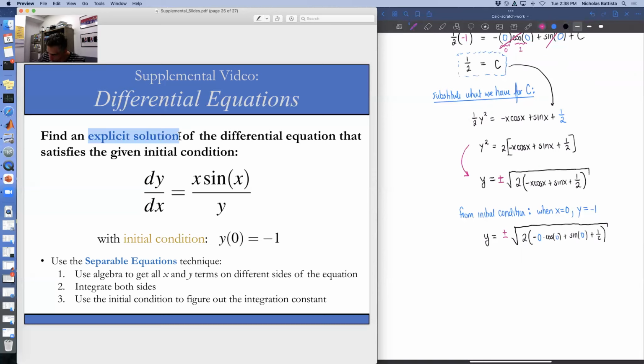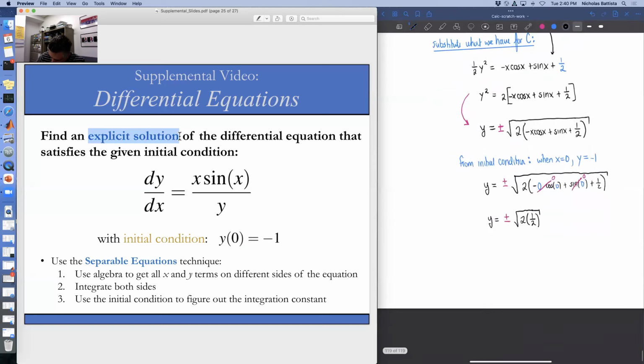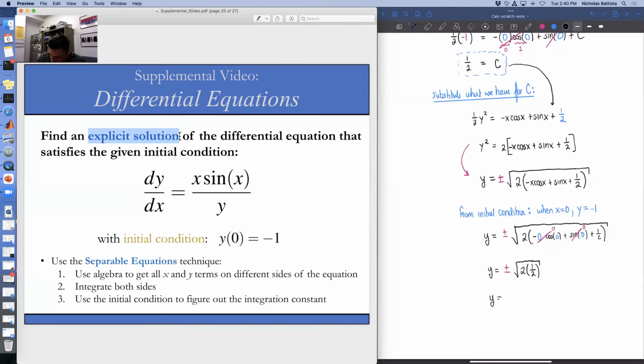And just like we saw before, 0 times cosine of 0 is 0, sine of 0 is 0. So underneath that square root, what we have so far is y is equal to plus or minus the square root of 2 times 1/2, which is y equal to plus or minus the square root of 1.